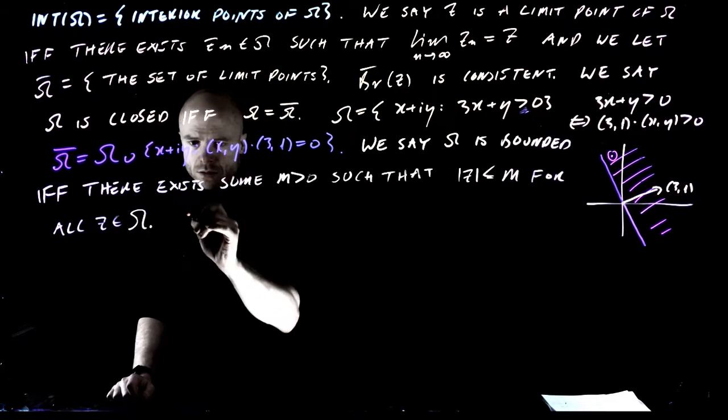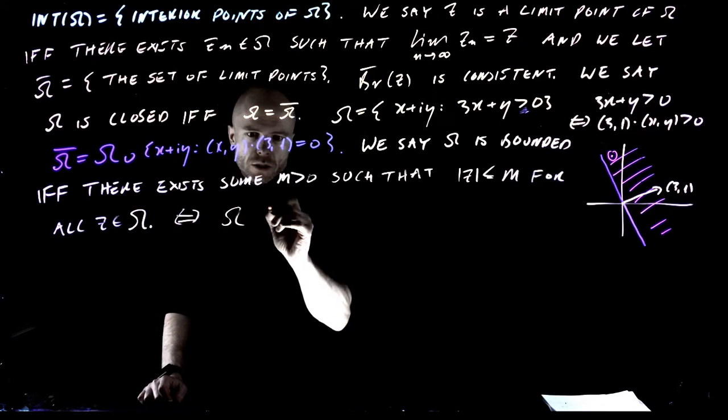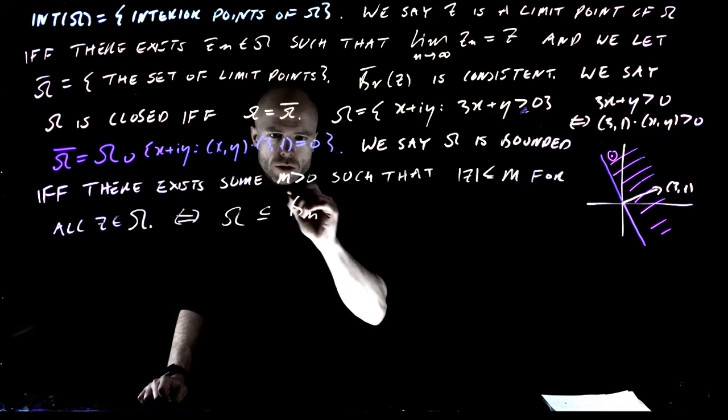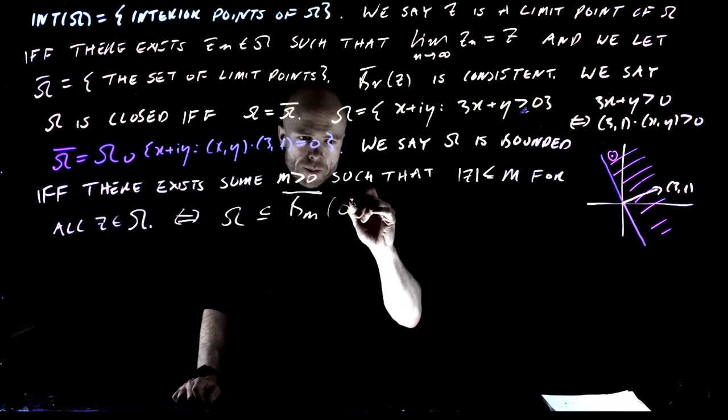And this is equivalent to having that omega is contained within the closed ball of radius m around 0.